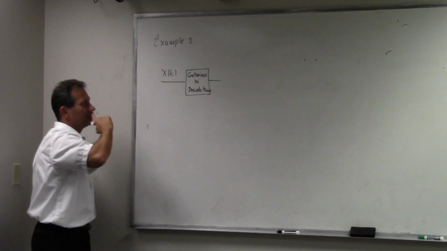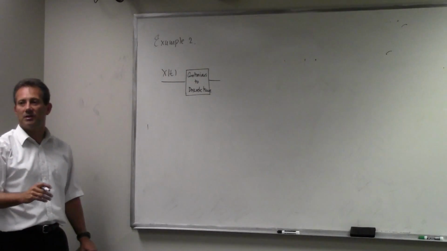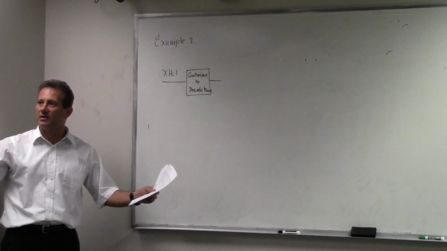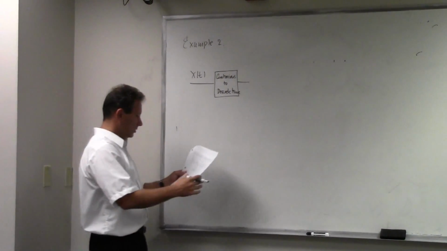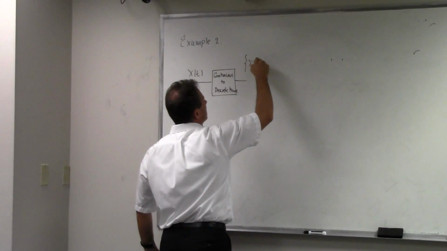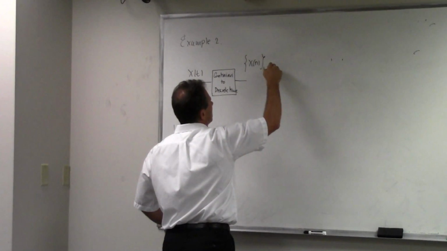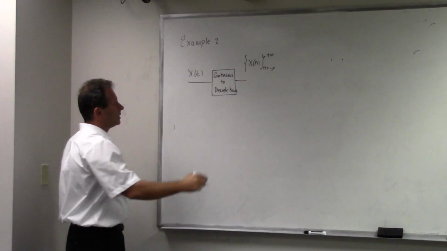So what happens here? The signal x of t is sampled. Instead of retaining the entire signal, all you do is retain its samples. So at this point, you end up with a whole bunch of discrete values, x of n, where n goes from minus infinity to plus infinity. So you get the samples of the signal.